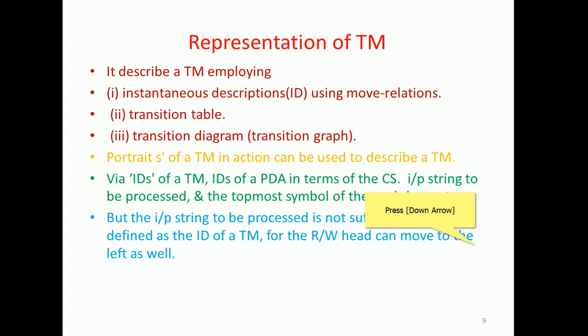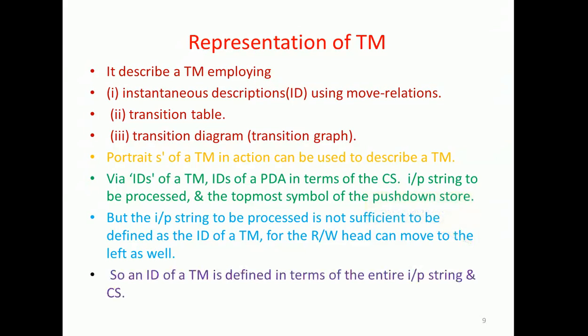But the input string to be processed is not sufficiently defined as the ID of a Turing machine, because the read write head can move to the left as well as the right.